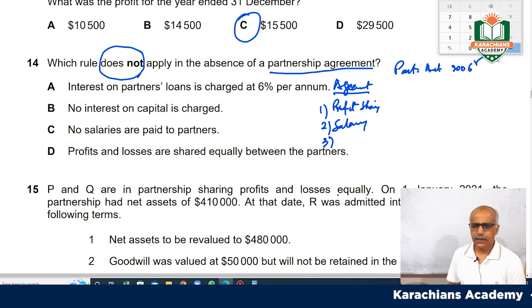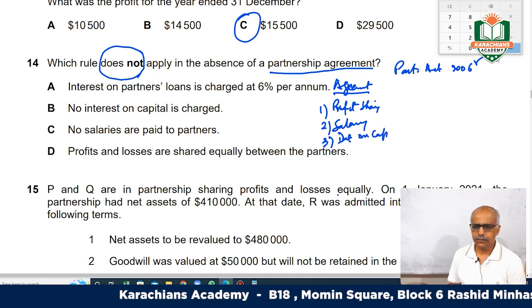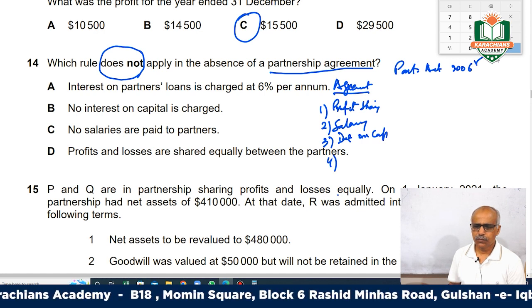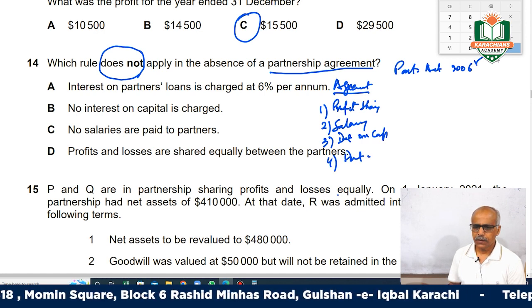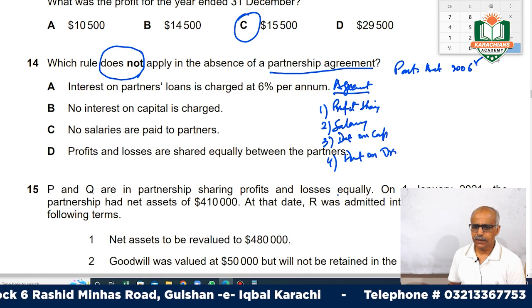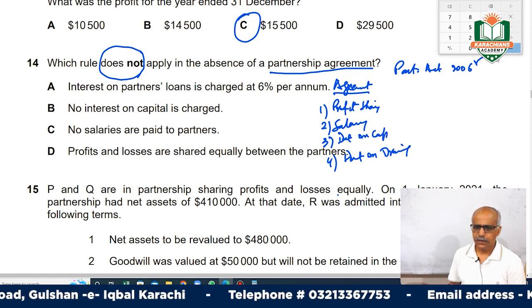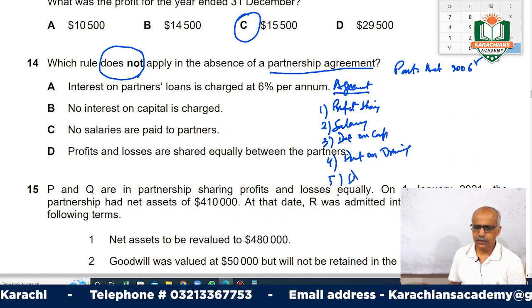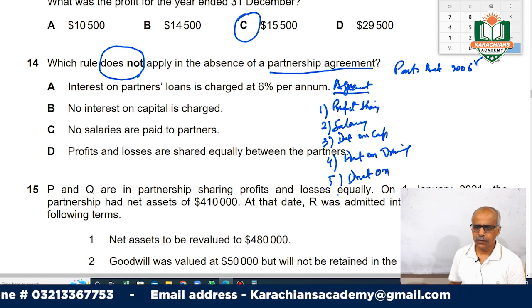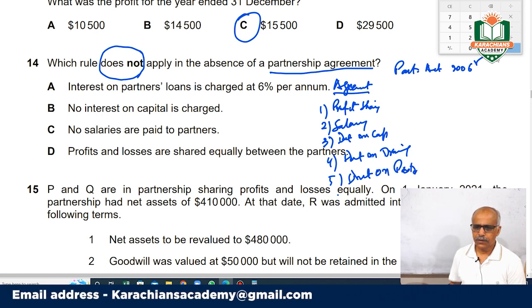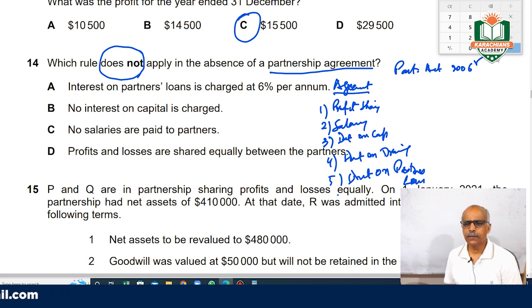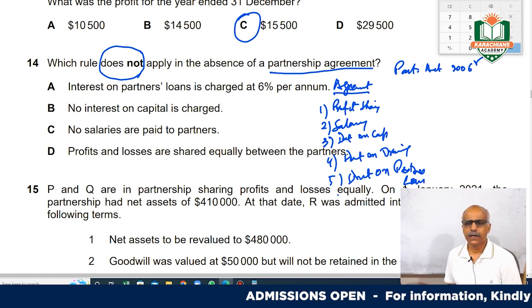Number three, interest on capital. Number four, interest on drawings. Fifth, last one, interest on partner loan. In a partnership agreement, normally these five conditions need to be incorporated, and all your decisions will be made according to the agreement.